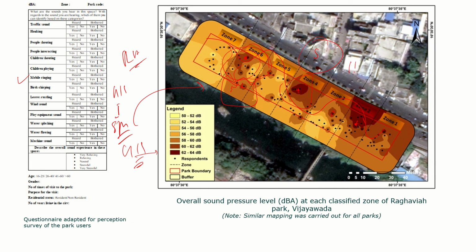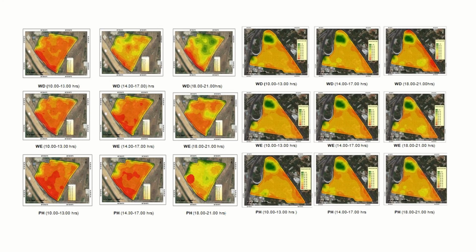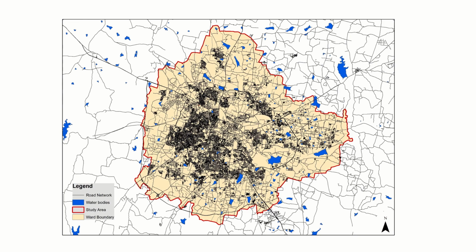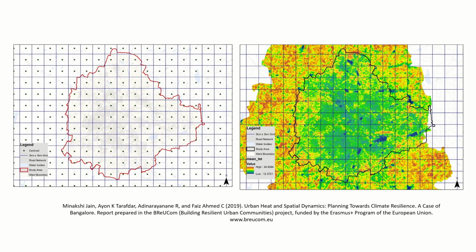For example, if we are talking only about heat, that can also be mapped in the same way and then studied. These are other examples from the same study. Recently, we did one project funded by the European Union where we did an assessment of the impact of green, blues and building density.